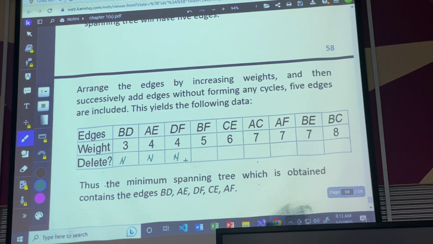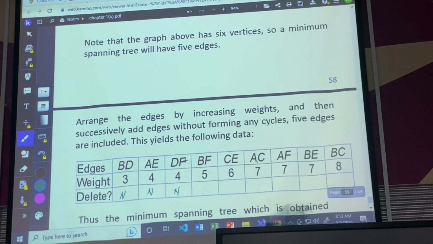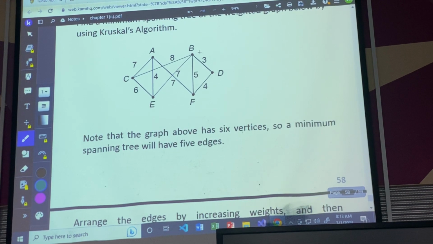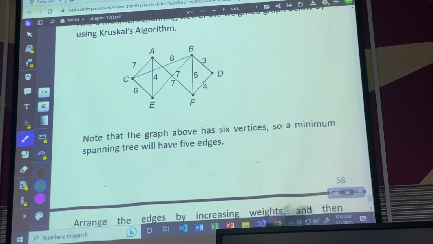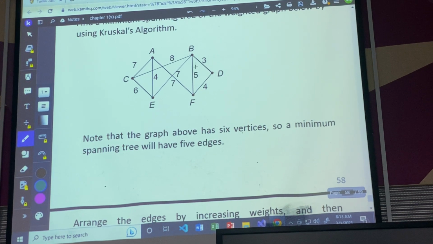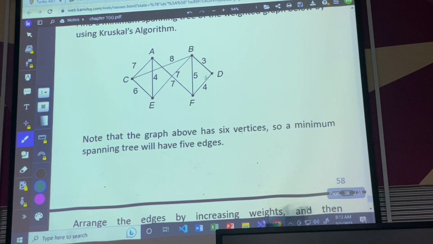Then you go to the BF 5. So the edges that we have included: AE and DF, and also BD, right? Now, when you come to this BF here, if you include BF as well, you will notice that BD, DF, and BF, this one, you already included 2 just now, right? BD and DF.